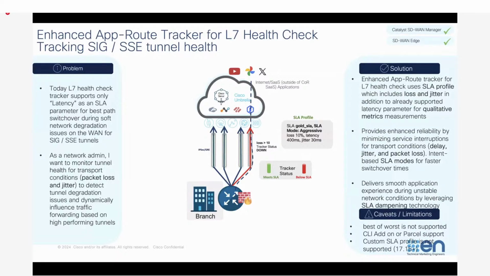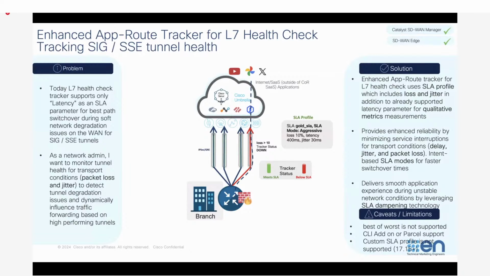What we will do is bring the tracker down, and then the tunnel will be removed from the forwarding so that the traffic is put on the best performing tunnel. We also support dampening. I'll talk about the dampening as well and the modes. These are the concepts that I'll cover in detail. And there are some caveats that are listed here for your reference.